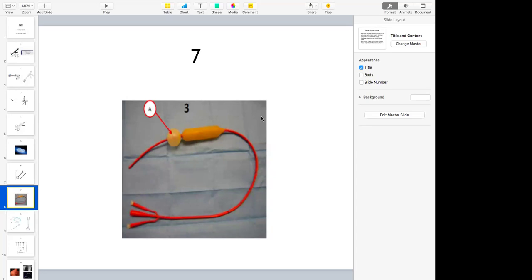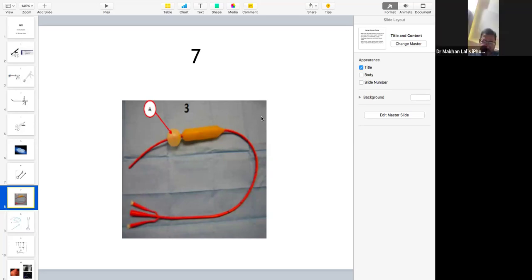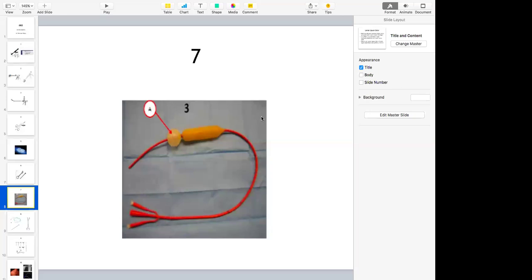Identify this and why is it not a three-way Foley's catheter? Identify this tube. The Sengstaken-Blakemore tube to control variceal bleeding. Then the next question is why is it not a three-way Foley's catheter?